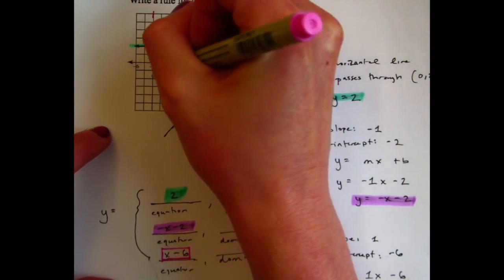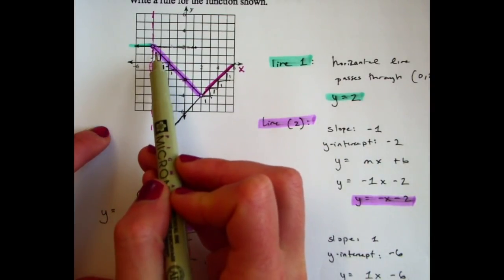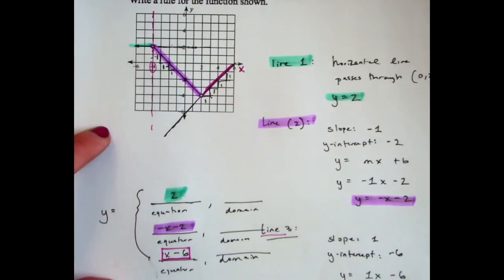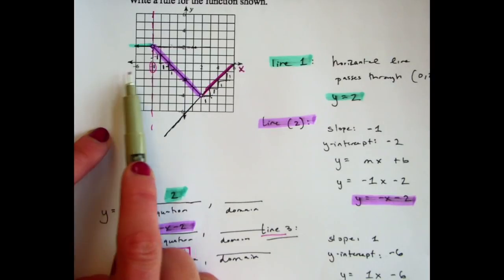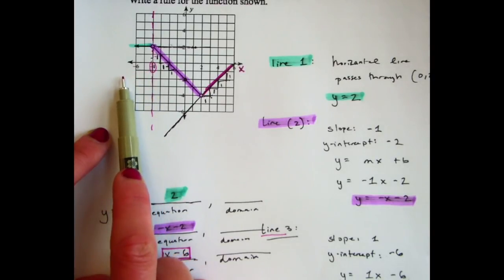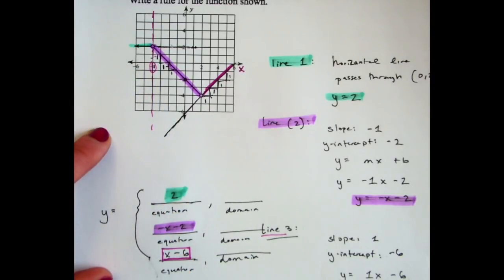So now I want to think, is this going to be for x values greater than or less than -4? Well, this function exists to the left of -4. So it exists for -5, -6, -7, which are all x values less than -4. So this exists for x less than -4.